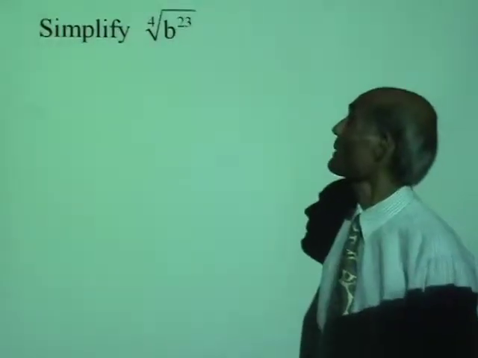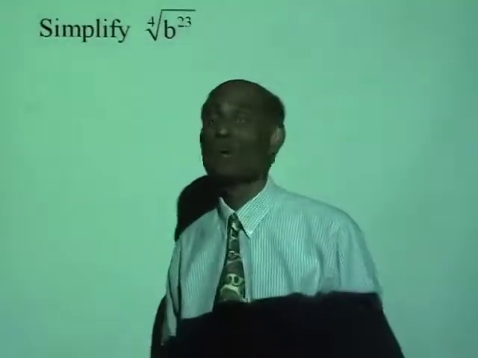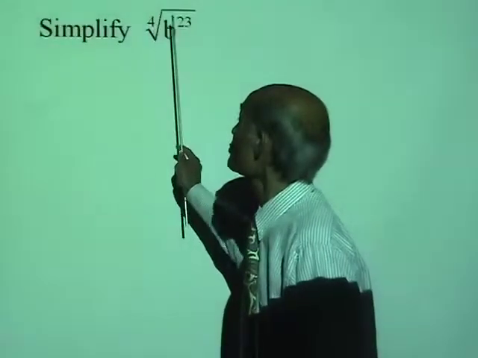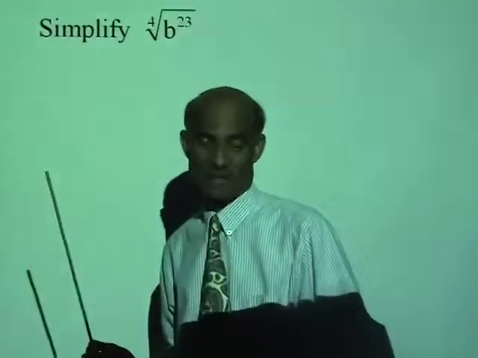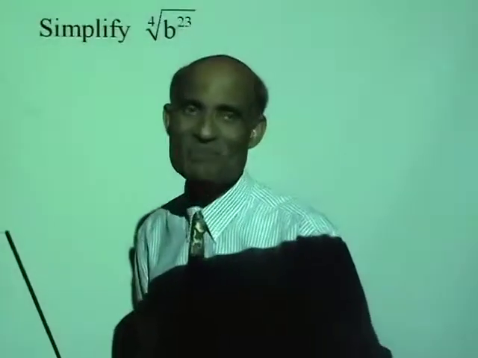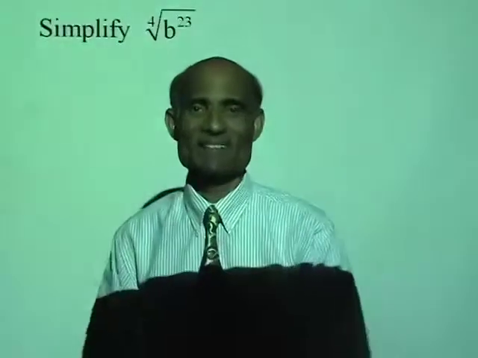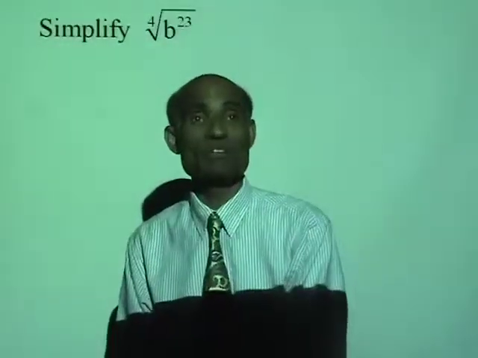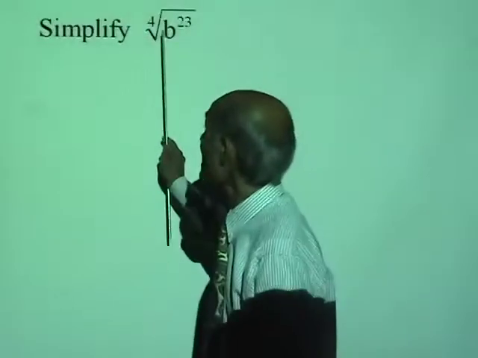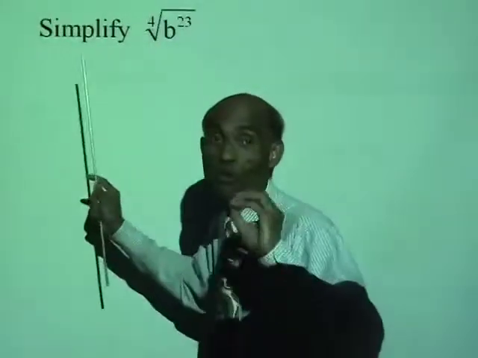Okay, another one. Simplify 4th root of b to the power of 23. Let's see how many of you can get that. Now the type of root is the 4th root.